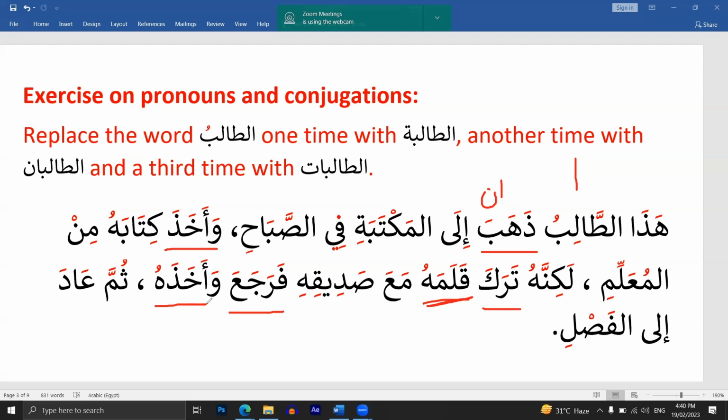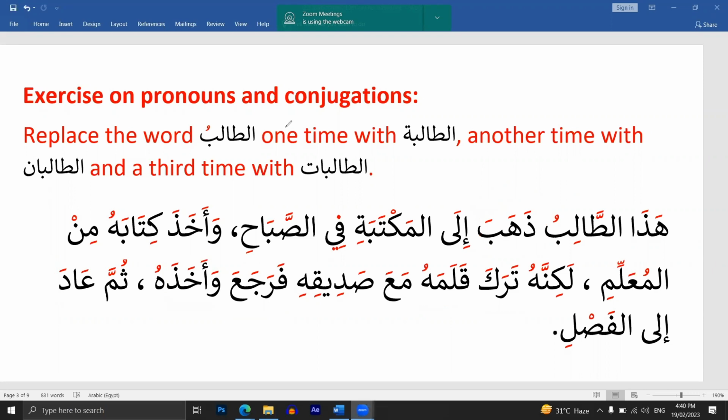Here وأخذاه, you only add ألف like this: أخذاه. ثم عاد إلى الفصل. I'm just trying to emphasize the importance of knowing the conjugation, because if you do this one wrong, you will do the remaining wrong. Thank you so much. Even your reading was perfect.